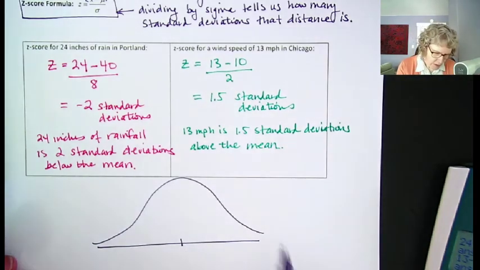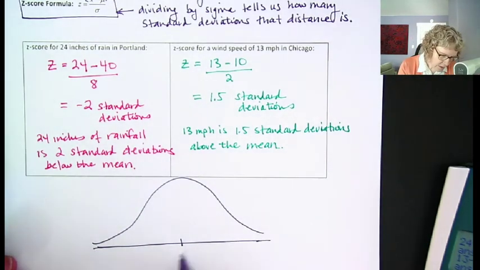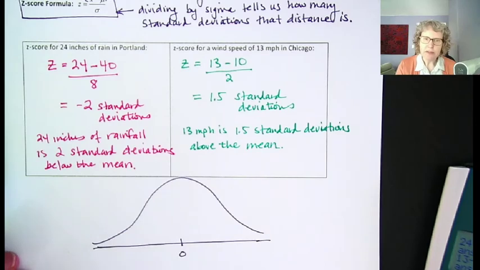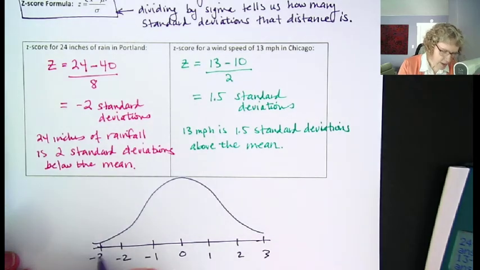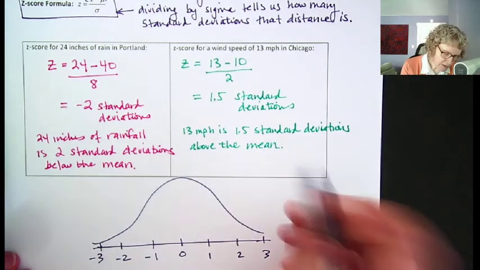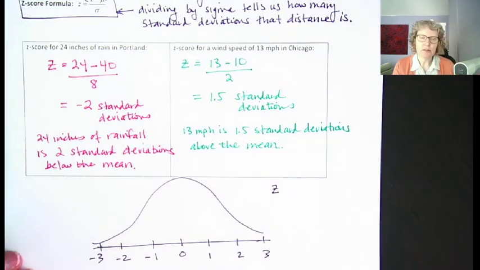When we draw, just like we're used to drawing our normal model, but the mean is always 0, because when we subtract the mean, that puts the mean at 0, and we go 1, 2, 3, -1, -2, and -3. So the standard normal model, we use the letter Z to distinguish it.